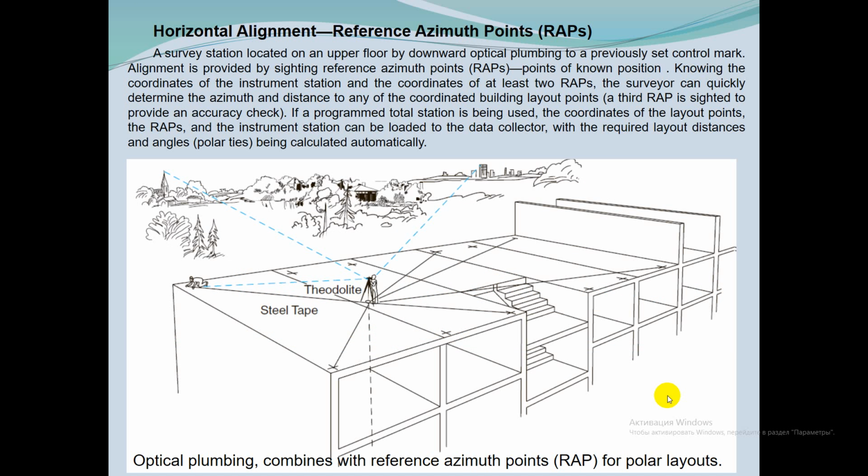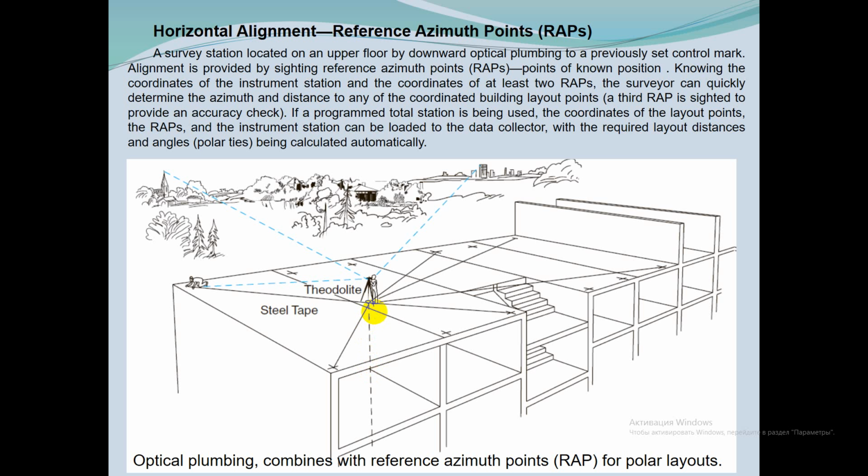Horizontal alignment, reference azimuth point. A survey station located on an upper floor by downward optical plumbing to a previously set control mark. Alignment is provided by sighting a reference azimuth point, a point of known position.